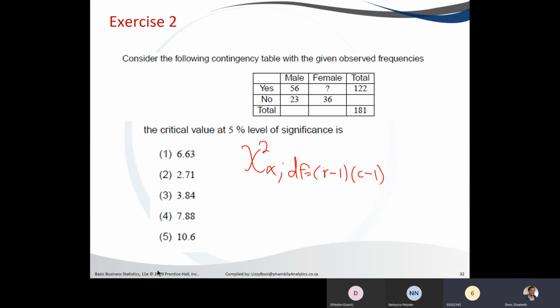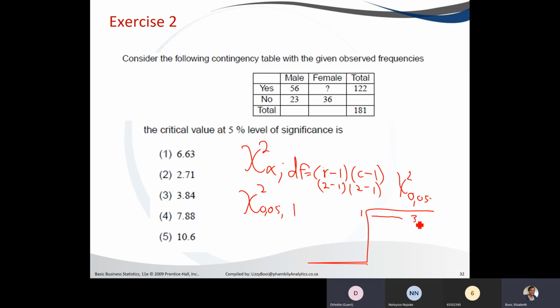It is 3.84 because when you go to the table, you will find your chi-square of 0.05 and your degrees of freedom. There are 2 rows minus 1 and 2 columns minus 1, which gives degrees of freedom of 1 multiplied by 1, which is 1. You look at the top for chi-square 0.05 and 1.